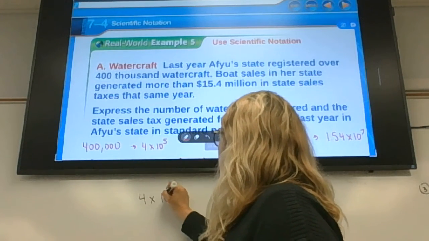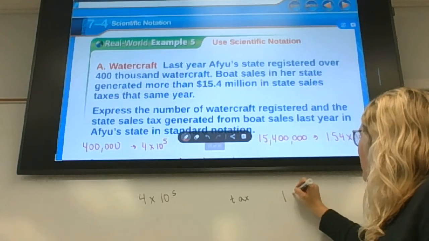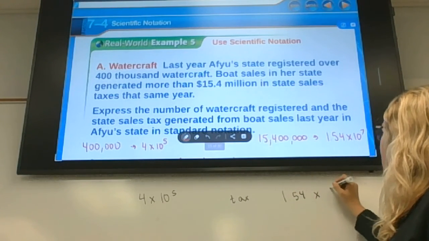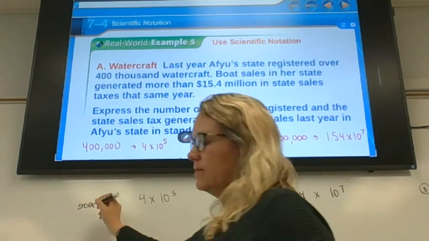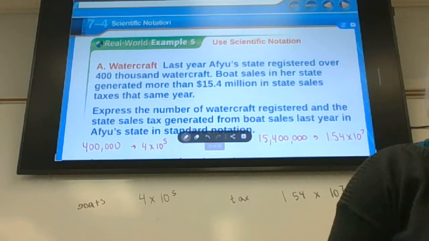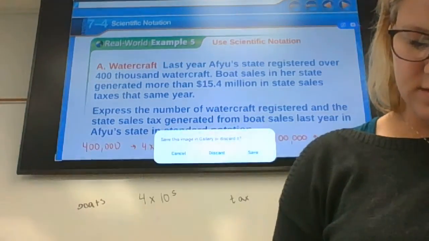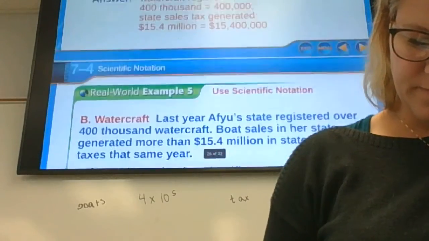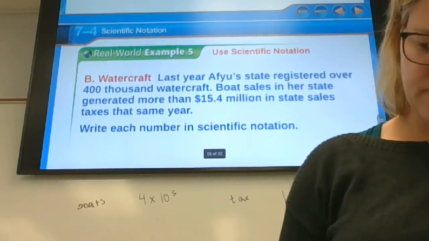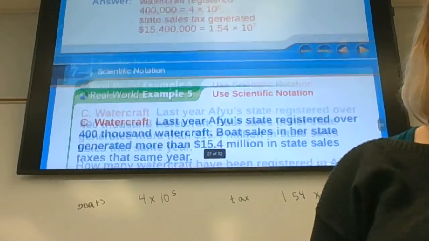So this is the number of boats, and this is the amount of tax. We already did it.